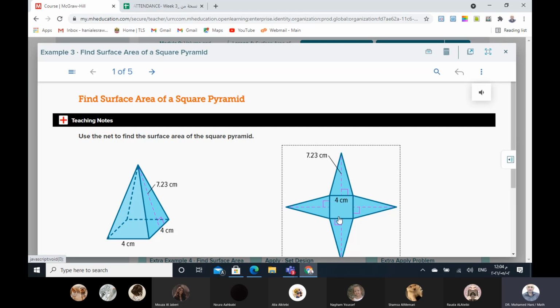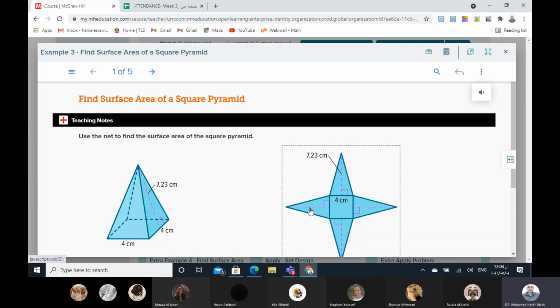This is the base square, and these are the lateral faces, the first one, second one, third one, fourth one. When you have a regular base, it means you have congruent lateral faces. This triangle is congruent with this triangle, congruent with this triangle, congruent with this triangle.